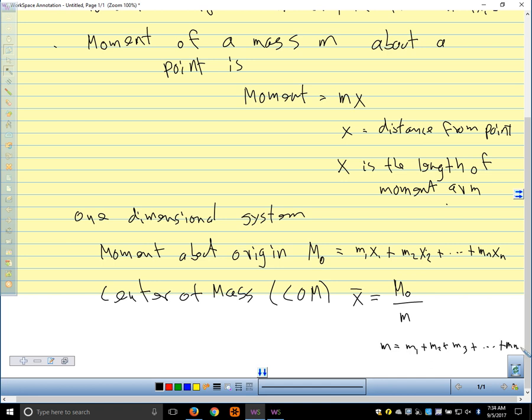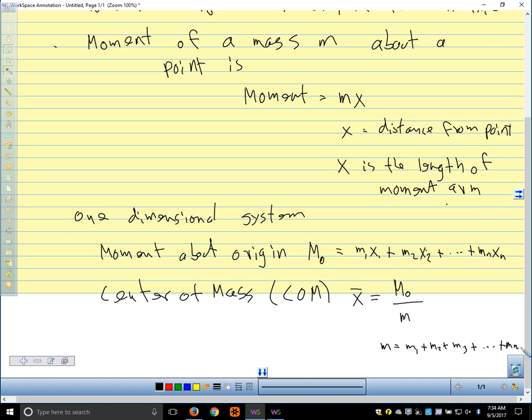Second semester, we'll go a little further with this. We'll get a little more sophisticated, and we'll be able to find other kinds of moments. So we can find the second moment of mass, where we multiply by the distance squared from an axis. That gives us the moment of inertia, and that has to do with how much an object resists rotation.